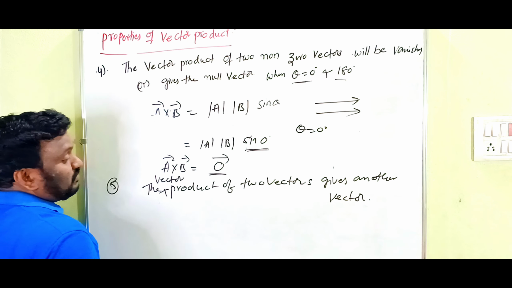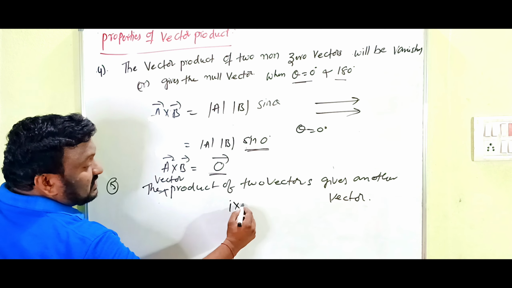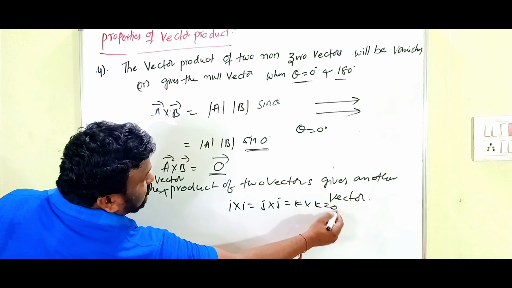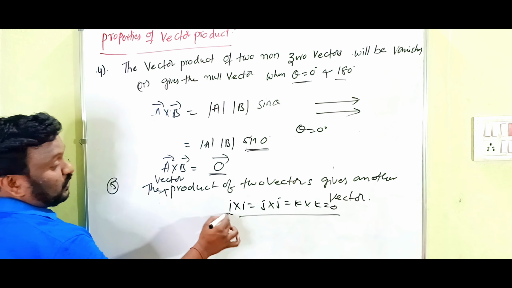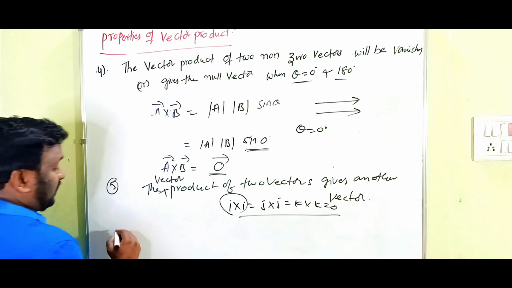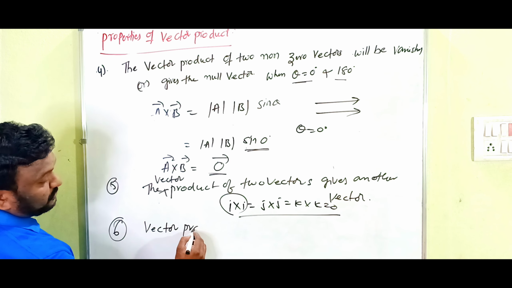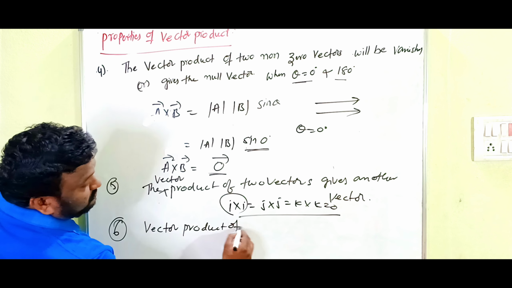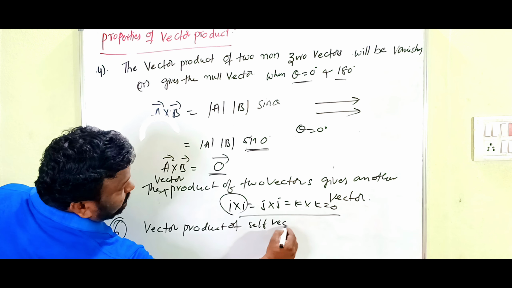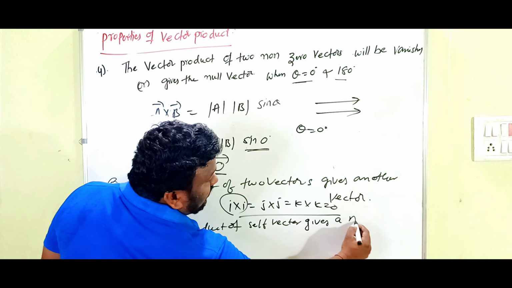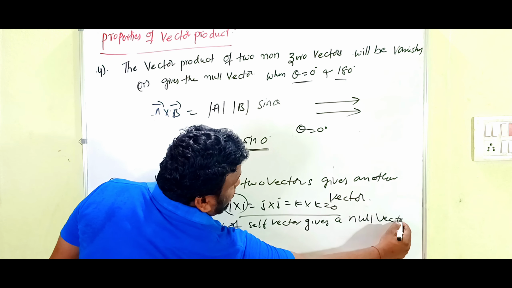In the same manner we will write I cross I is equal to J cross J is equal to K cross K is equal to 0. The vector product of a self vector gives a null vector. Right, children?